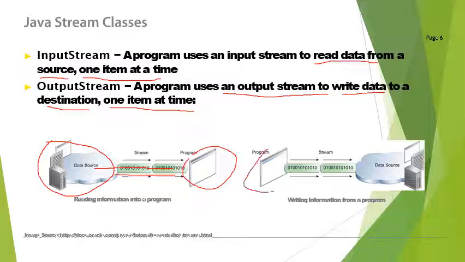And the program can write data to the destination. This is the destination. So the program can write data to the destination using an output stream.